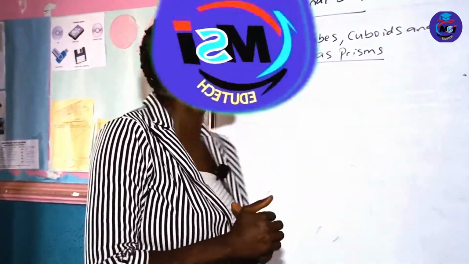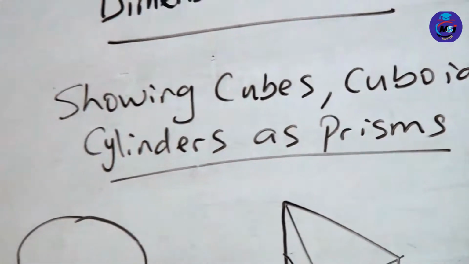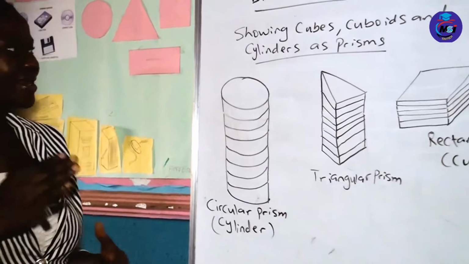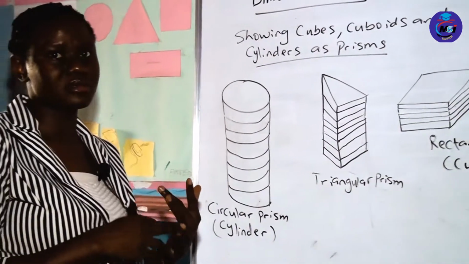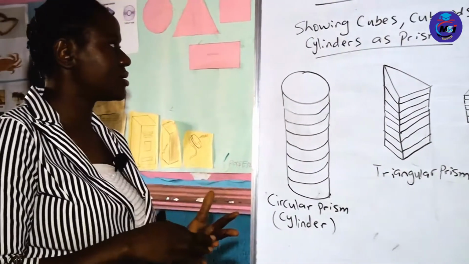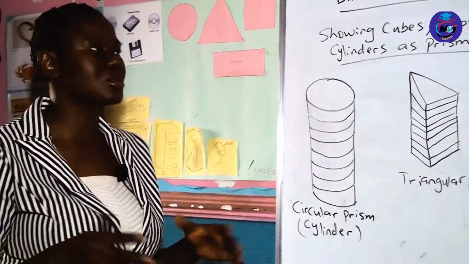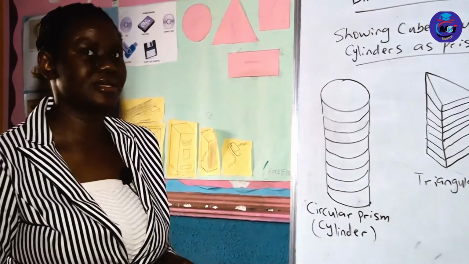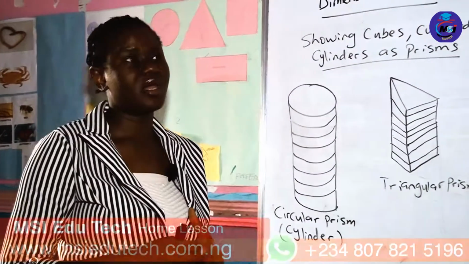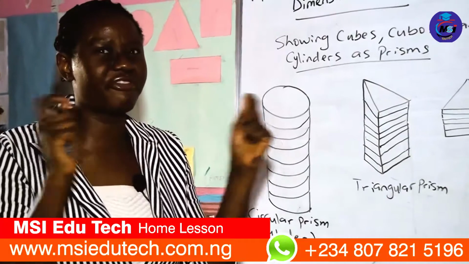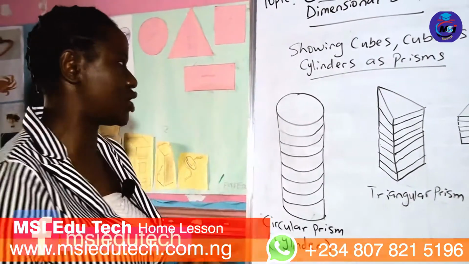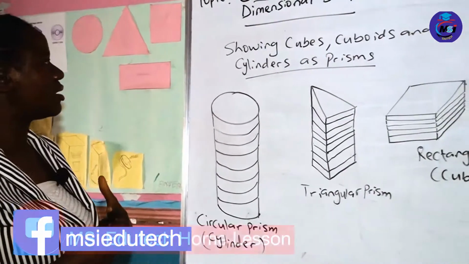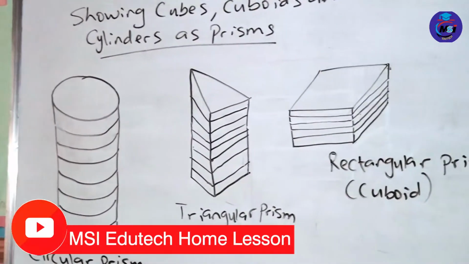So a prism consists of cross sections of different shapes. Let's take some examples. I said solids that could be formed or built in layers by placing squares, circles, triangles, or other shapes of exactly the same size in layers is called a prism. A prism is a solid with a uniform, equal cross section. So we want to show that cubes, cuboids, cylinders are all examples of prisms.